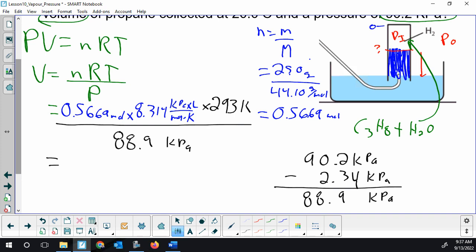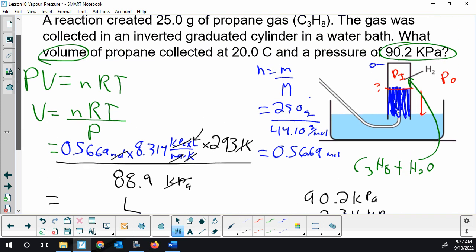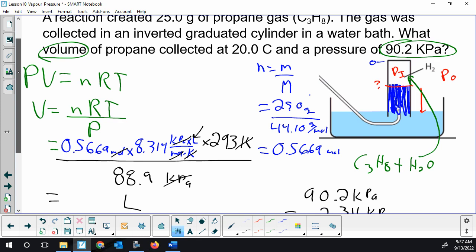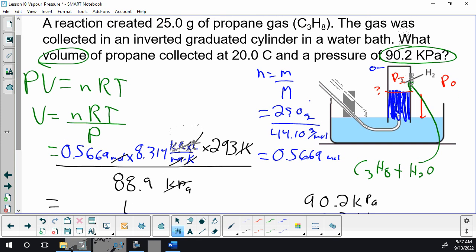So I've got everything in now. Moles cancels moles, Kelvin and Kelvin, kilopascals and kilopascals. So I haven't made any unit errors. Liters did not cancel. So that's my units. And sig fig wise, the temperature ended up being to 1 decimal place, so we ended up with 4 sig figs after we went to Kelvin.